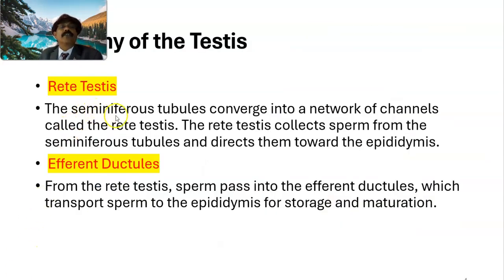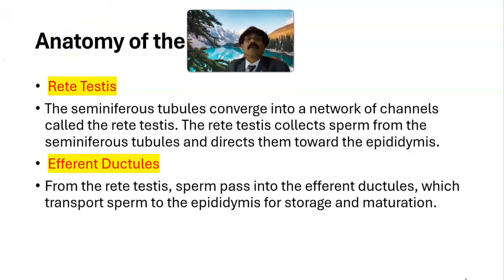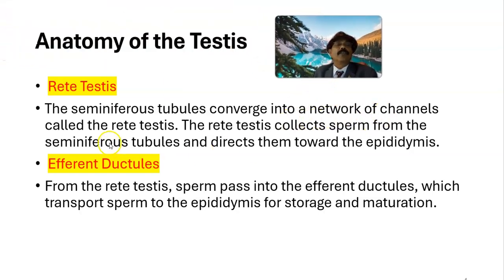The seminiferous tubules converge into a network of channels called the rete testis. The rete testis collects sperm from the seminiferous tubules and directs them towards the epididymis. Efferent ductules arise from the rete testis, which is present inside the mediastinum testis. Sperm pass into the efferent ductules, which transport sperm to the epididymis for storage and maturation.